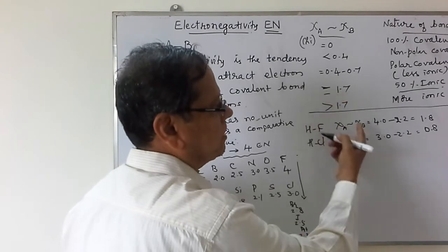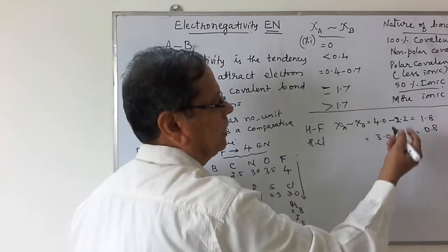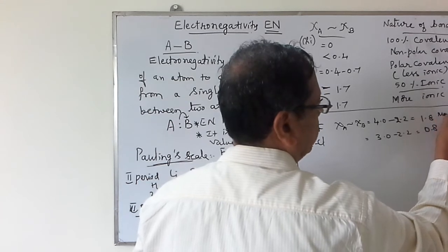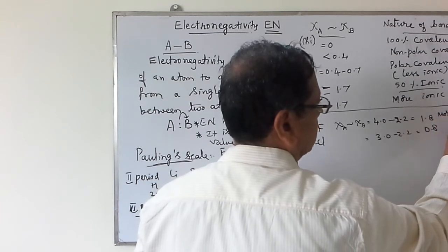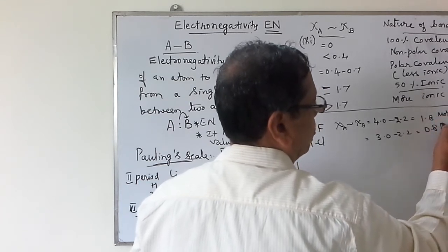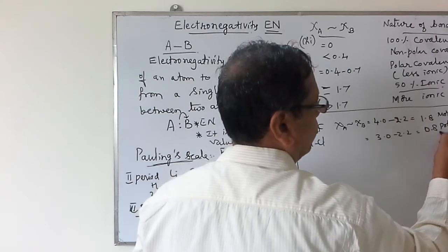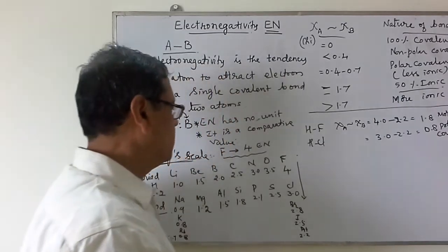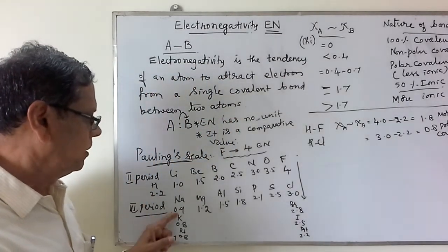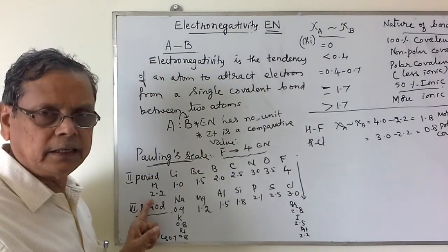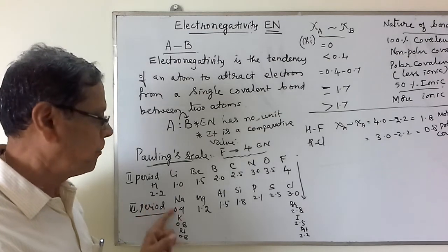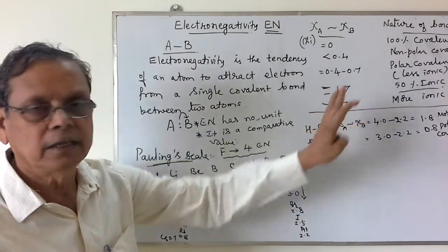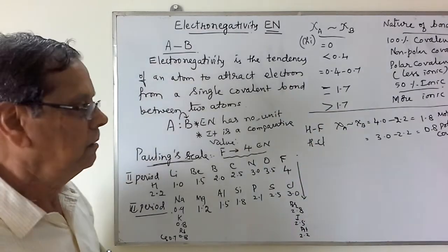So it is polar covalent, less ionic, while HF is more ionic. When you consider sodium and hydrogen, 0.9 and 2.2, the difference is 1.3. 1.3 is more than 0.7, so it is ionic.